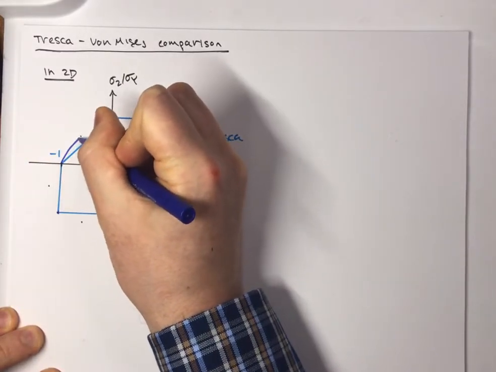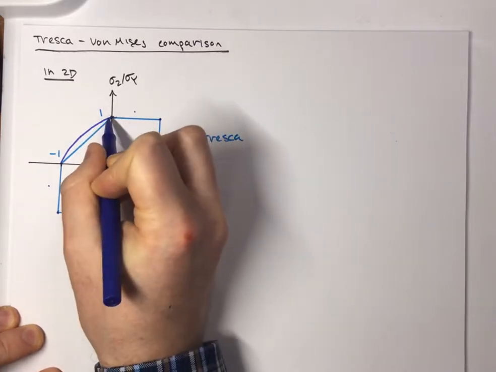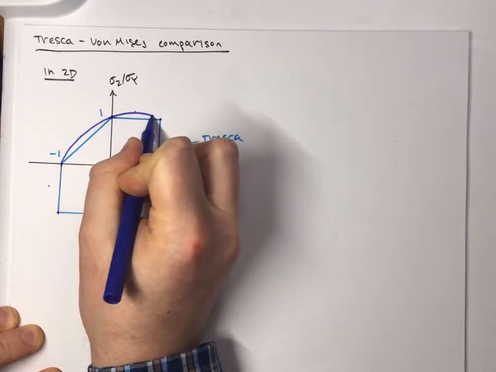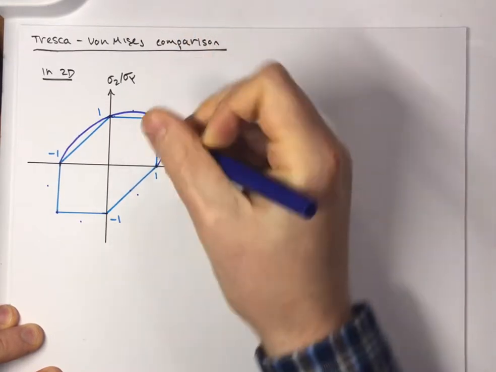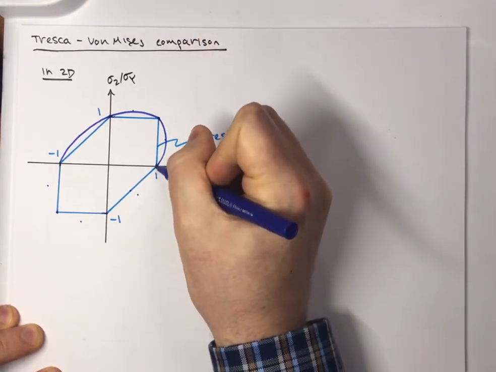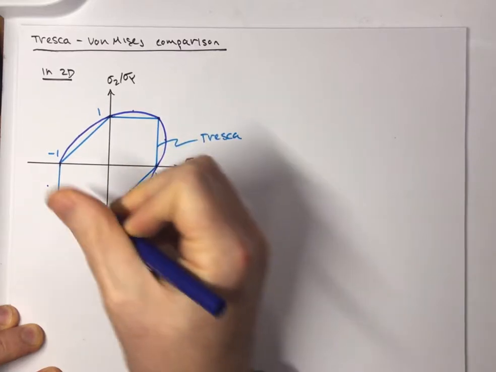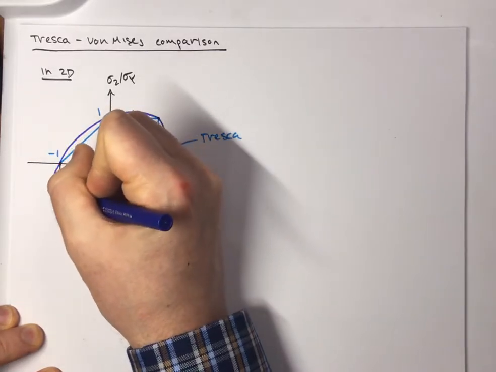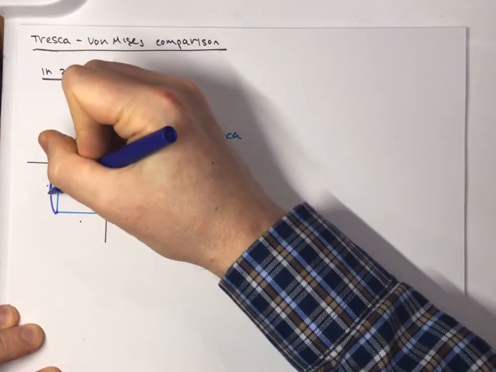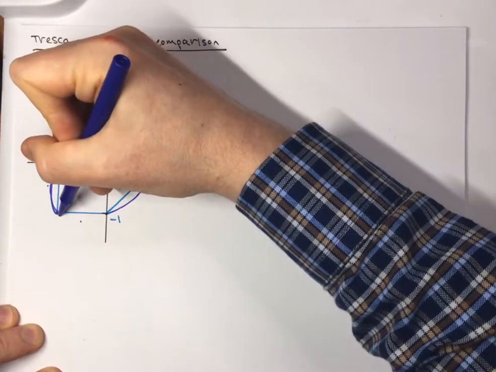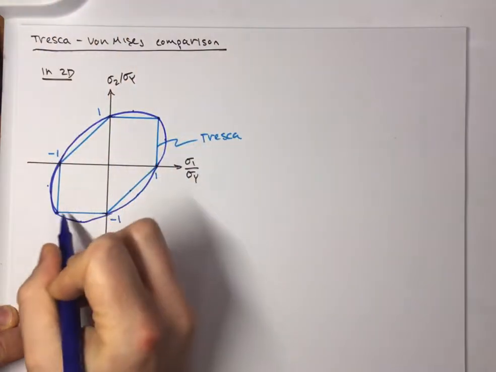So we're going to come up, come across, come up, and then hit there, come around, hit there, across and over. That should be smooth, sorry. And there's the last one.